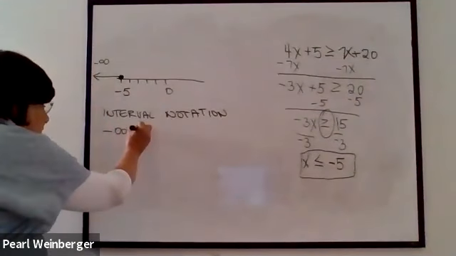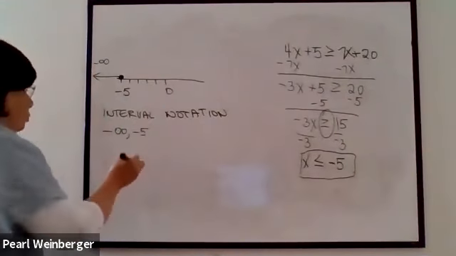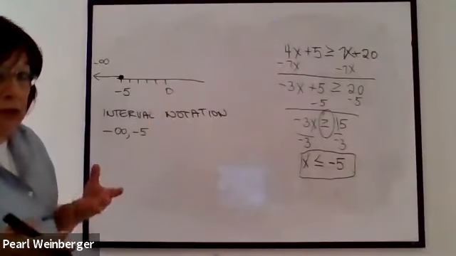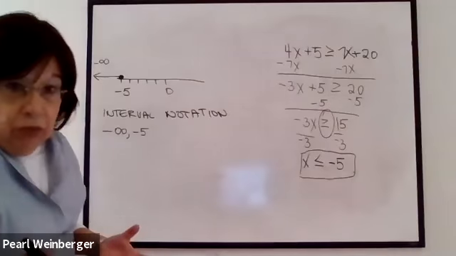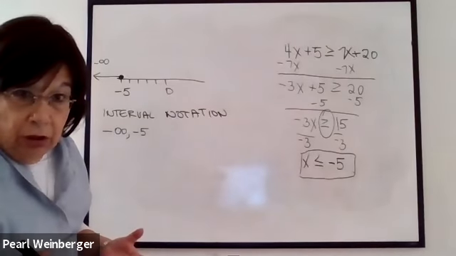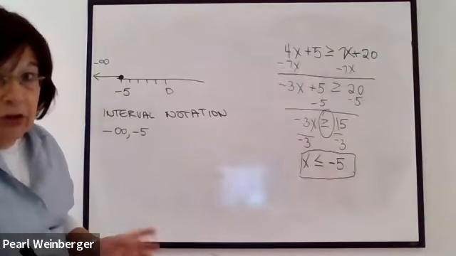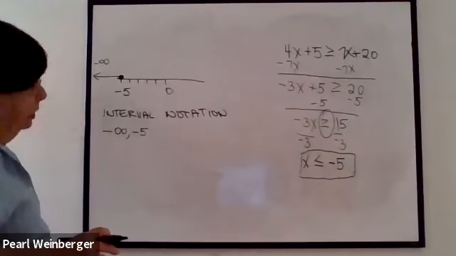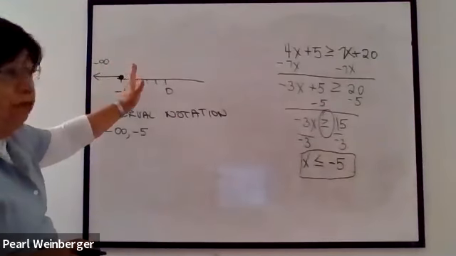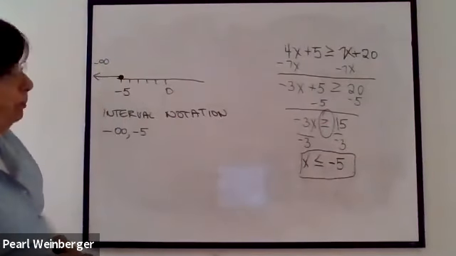So we put a comma, then -5. When you're doing interval notation, you only need to write two numbers: the starting number of the interval, all the way to the left, and the ending number of the interval, all the way to the right.